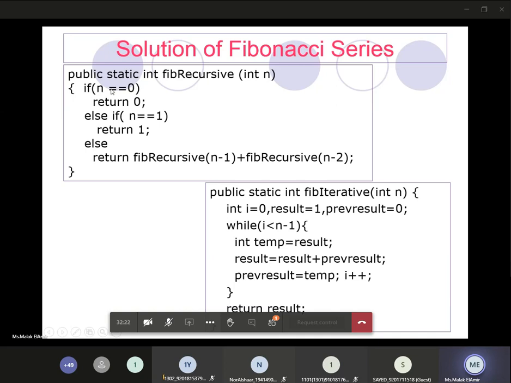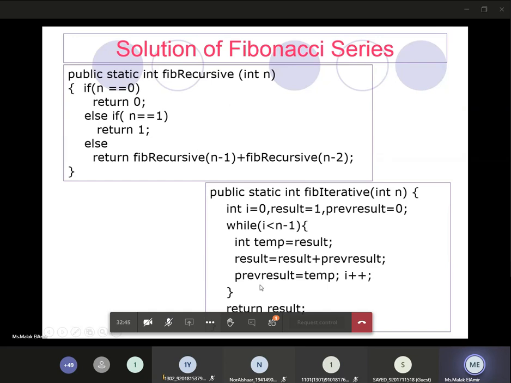If n is equal to 0, return 0. This is the first termination. Else if n is equal to 1, return 1. Second termination. Else, recurse again: return Fibonacci of n minus 1 plus Fibonacci of n minus 2. This is the recursion technique.